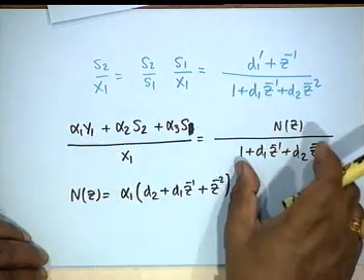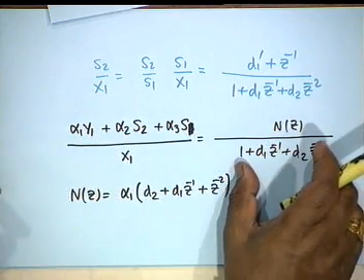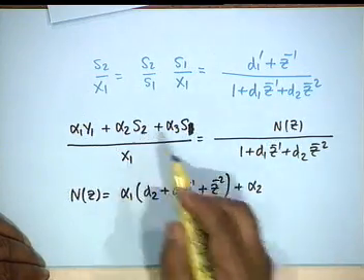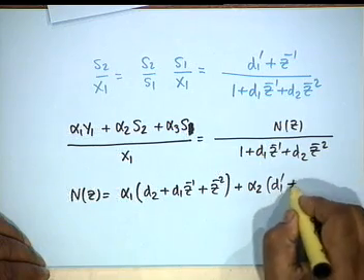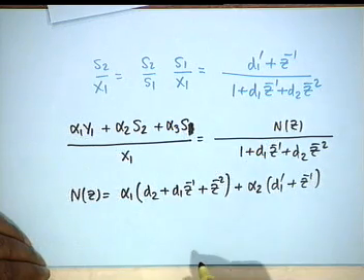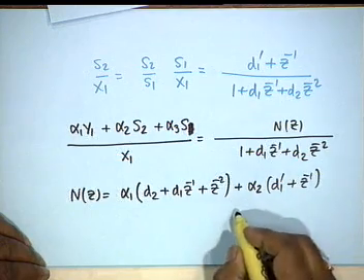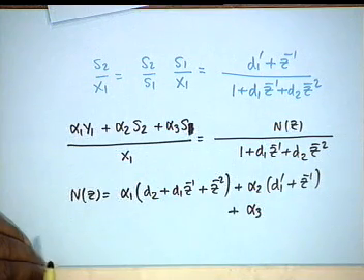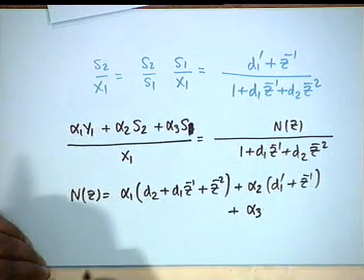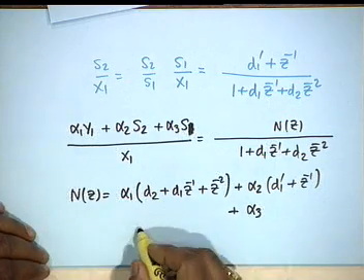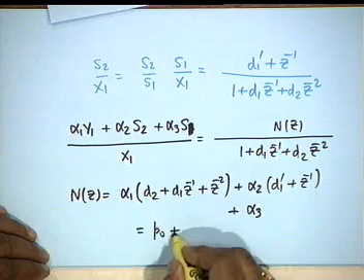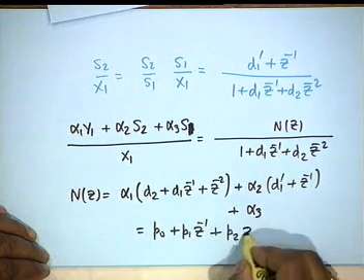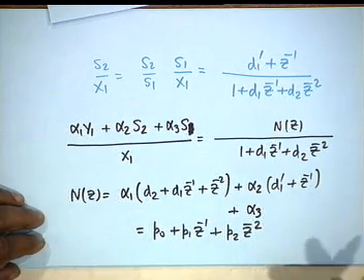Numerator of y1 is simply this with coefficients reversed, plus alpha 2 times the numerator of S2, that is d1 prime plus z inverse, plus alpha 3 times the numerator of S1, which is 1. Agreed? This is required to be equal to P0 plus P1 z inverse plus P2 z to the minus 2.